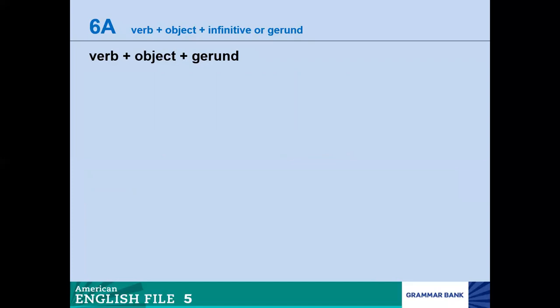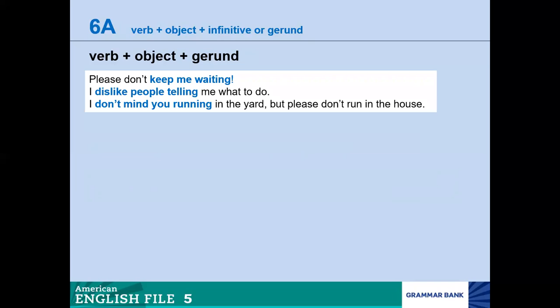Let's move on. Verb plus object and gerund. So here I'm going to give you some examples of this sort of combination. Please don't keep me waiting. I just like people telling me what to do. I don't mind you running in the yard, but please don't run in the house.